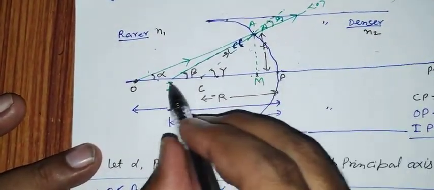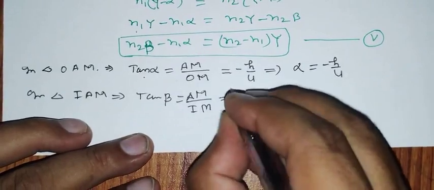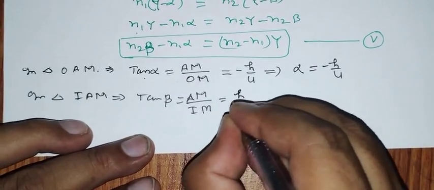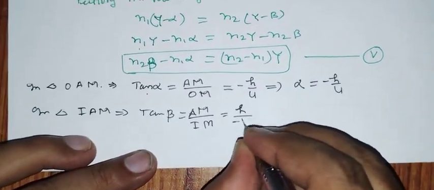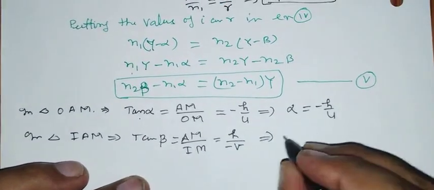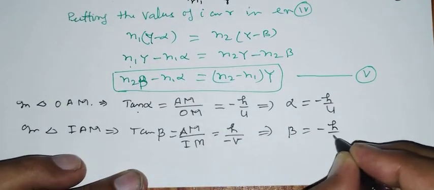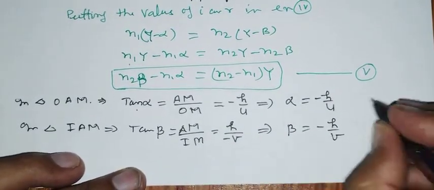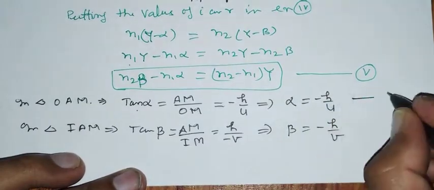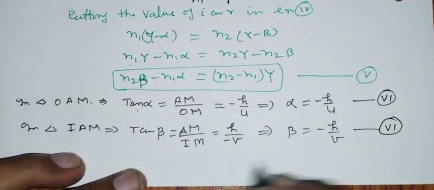Since AM is equal to H and IM is minus V, and if beta is very small, tan beta can be written as beta. It is minus H by V. Let this be equation 6 and this be equation 7.